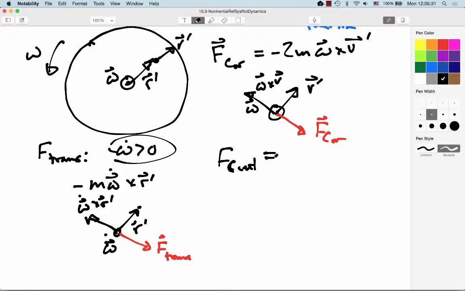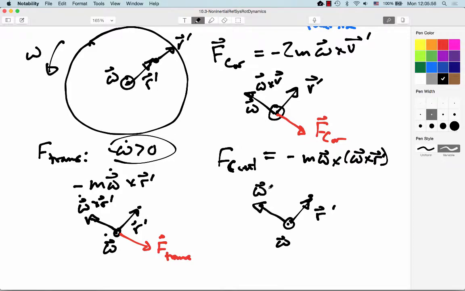And then finally, let's get the centrifugal force. So remember, that was equal to minus m omega cross omega cross r prime. So there's my omega pointing out. There's my point of interest. There's my r prime there. So then omega cross r prime will point like that.